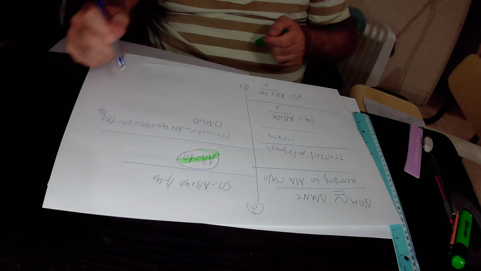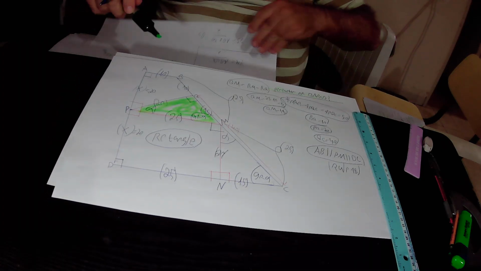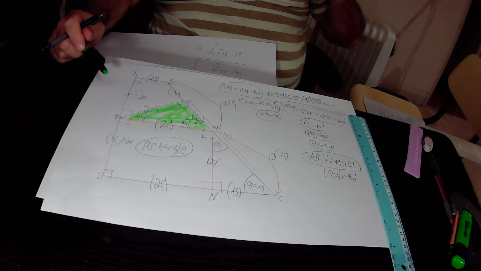So the answer to the question is that the perimeter of this quadrilateral ABCD is equal to 140 units in its length.